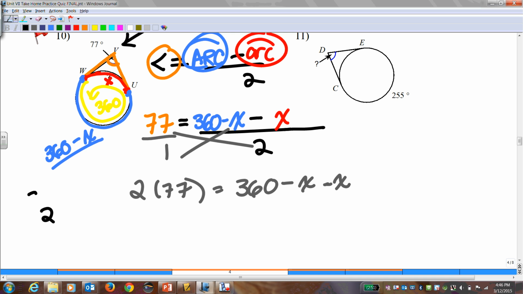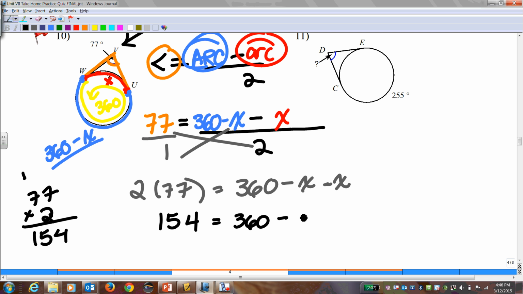We're going to go 2 times 77 right here. That's 14. Carry the 1. That's 14, 15. 154 equals 360 minus 2X. Now you're going to take it from there and solve for X, which in this case is what you're looking for because that question mark was right there.